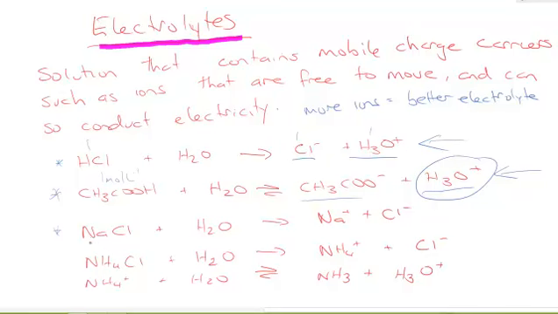So if we had sodium chloride, which isn't an acid or a base, it's going to form a high amount of sodium ions and a high amount of chloride ions. And because you've got a high amount and it completely dissolves and ionizes and forms those ions, this too would be a good electrolyte. Its pH would be neutral, but it would be a good electrolyte.